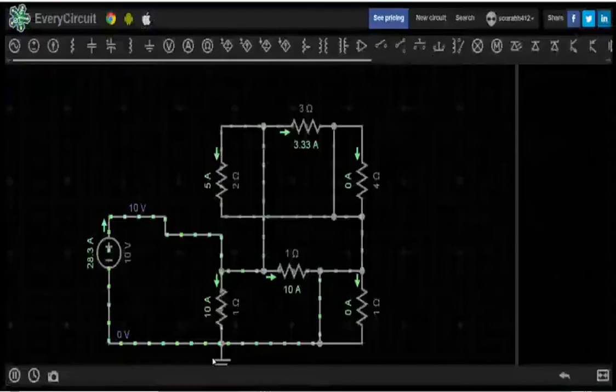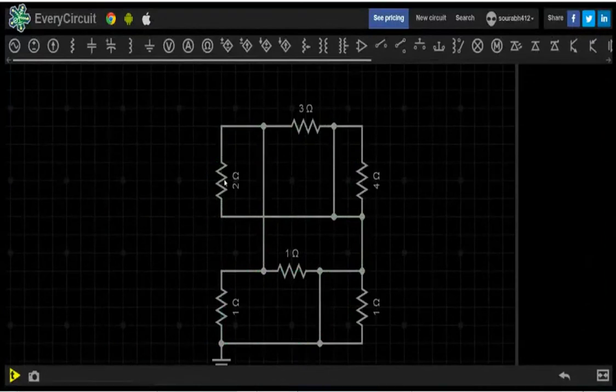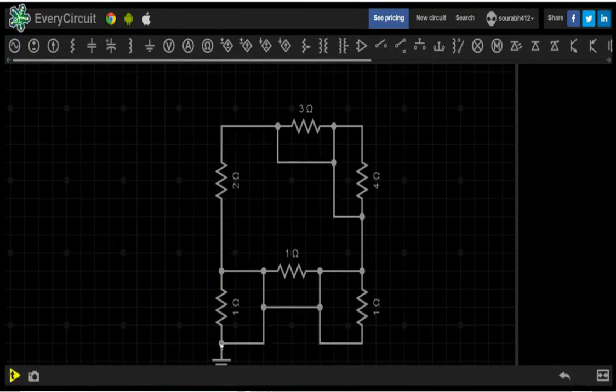So we make the corrections accordingly. Click here, delete. Now I have to make V1 as 0. So I have connected node 1 and node 2, so these are shorted. This is the ground. 1 and 2 are shorted here, here also 1 and 2 are shorted.